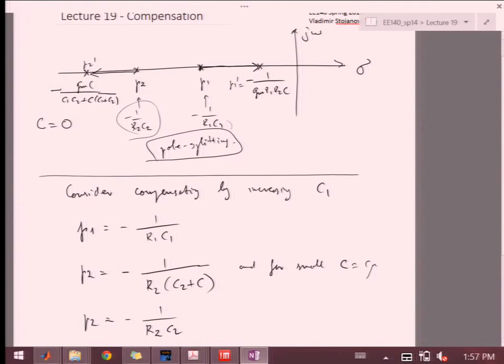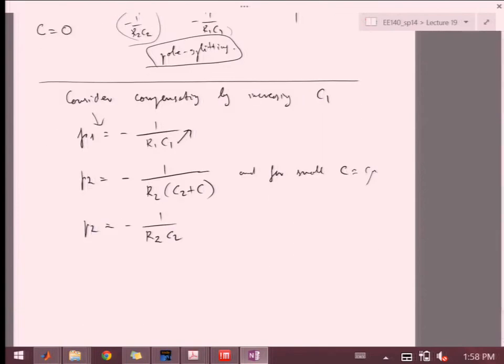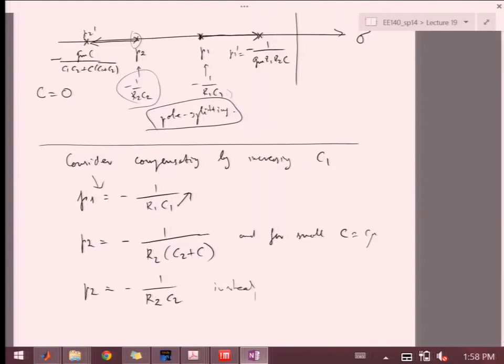So what this is telling you is that as I'm increasing C1, pole 1 is dropping, but my P2 is staying pretty much at the same point. Right? And instead, it could have gone to minus GMC over C1, C2 plus C times C1 plus C2.